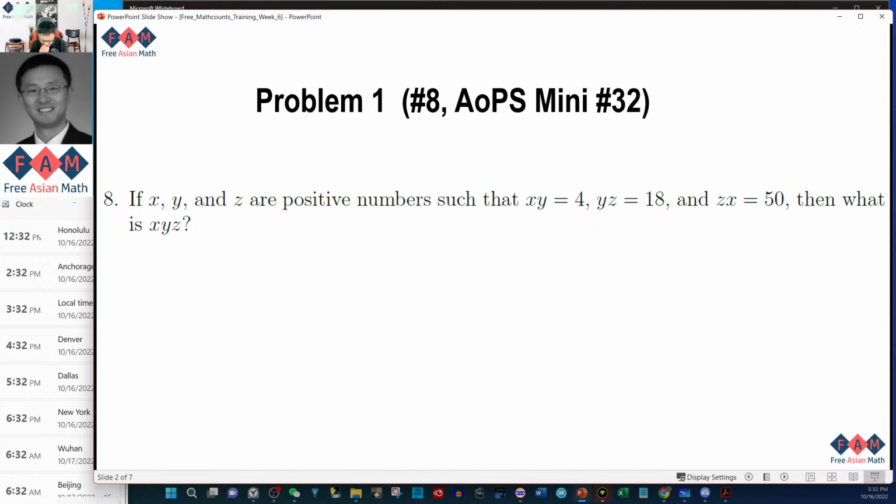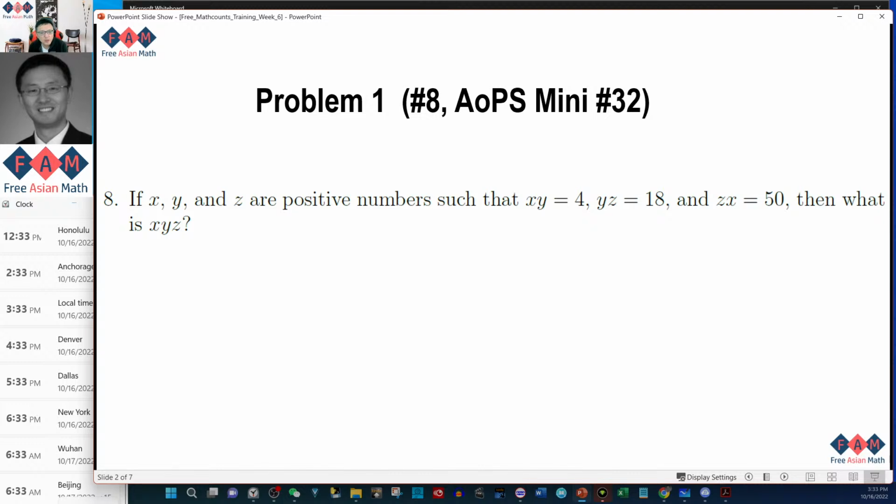But for this particular problem, there's a shortcut which really exploits the inherent cyclic symmetry property within the conditions. You have to think a little bit harder. So we try to get xyz.